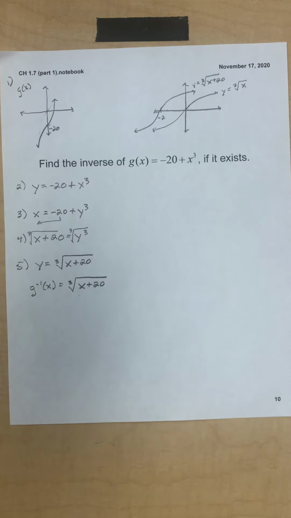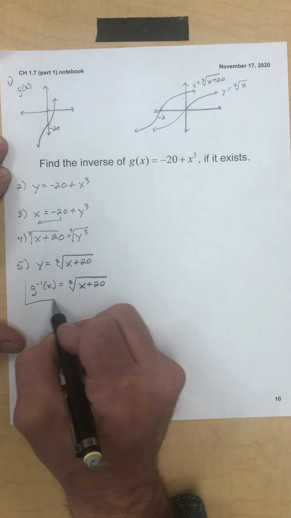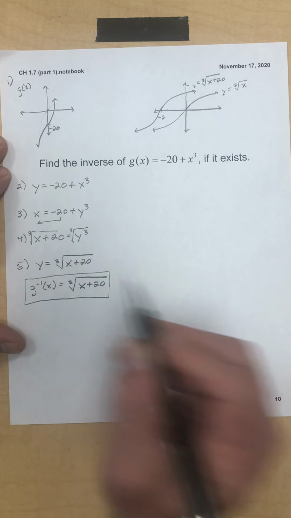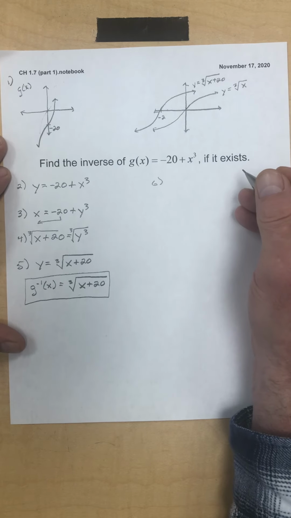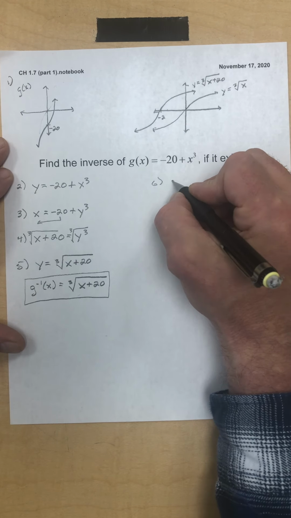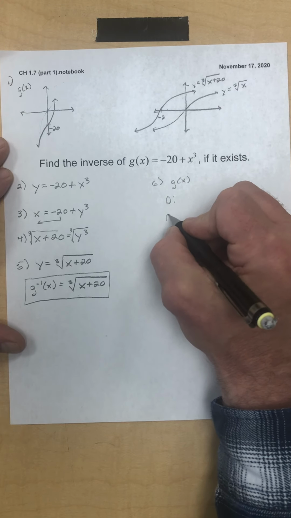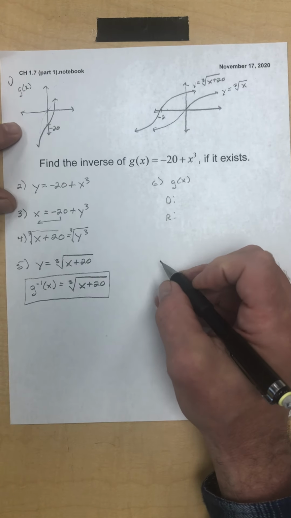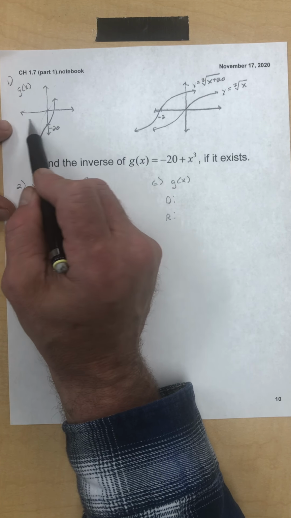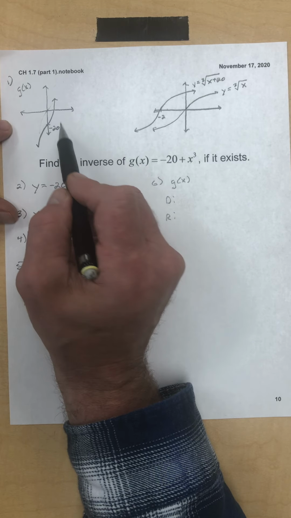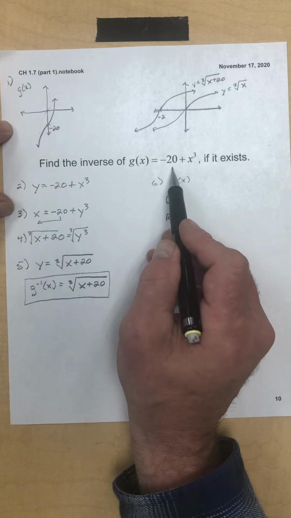All right, so last thing, we take a look, and obviously this is the important thing. We can come up with this function. That's the most important thing. Then if we take a look at what's going on with our domains and ranges here, see if things work out. So I go to g of x and look at our domain and our range. Here, notice that no matter where I go on the x-axis, those values are included because I can put any number at all in the original function.